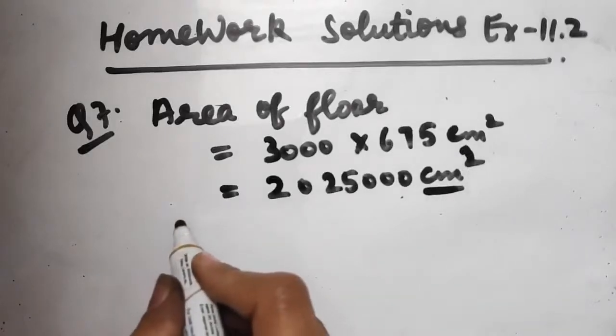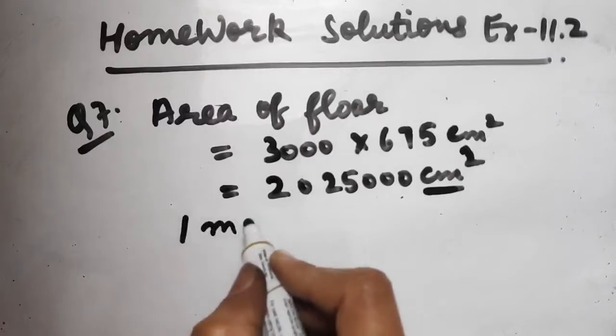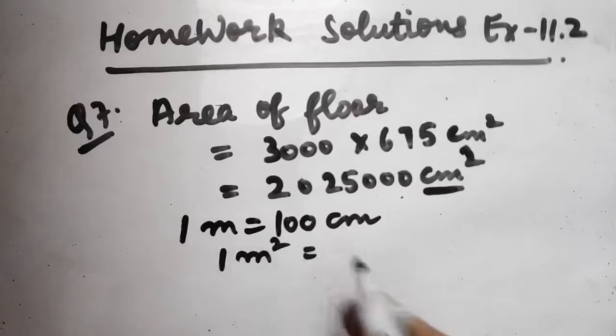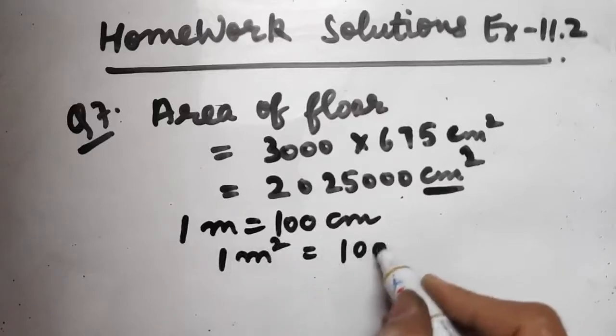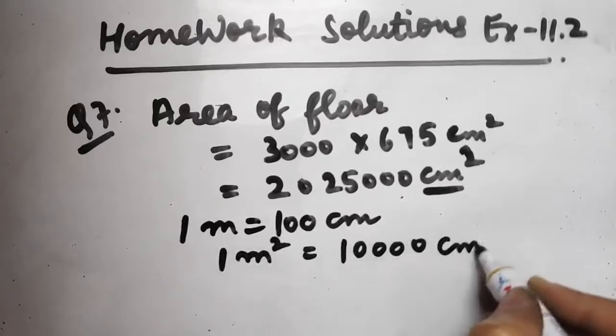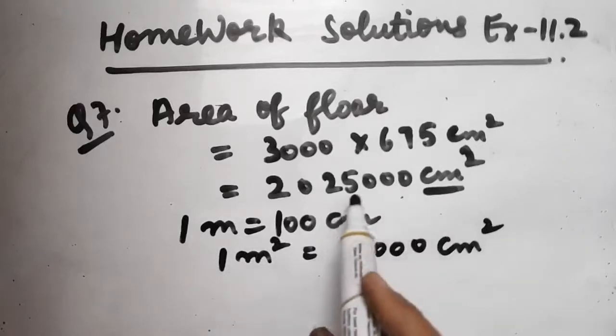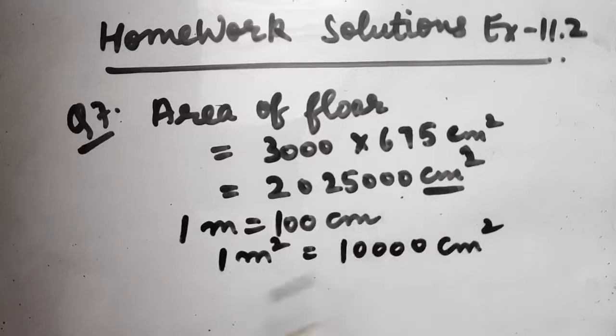And we know that 1 meter is equal to 100 centimeters. 1 meter square is equal to 10,000 centimeters square. So we are supposed to divide this area by 10,000 to get the area of floor in meters square.